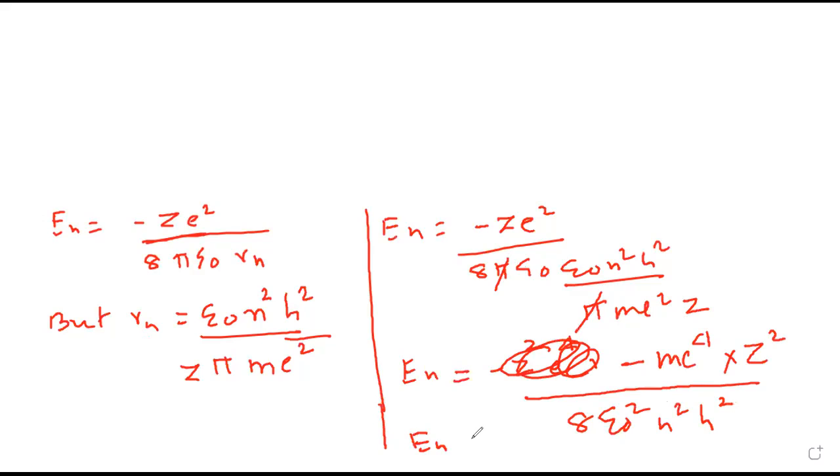That means En is proportional to, m is constant, e is constant, so we get minus of z square upon n square. For hydrogen atom, z is 1. So En is proportional to minus 1 upon n square. Copy.